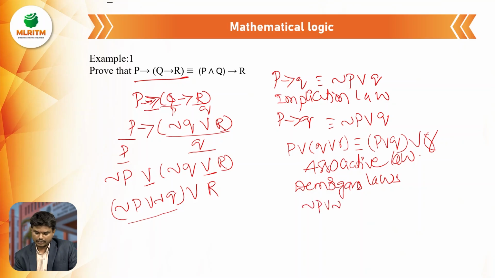Negation P or negation Q is equivalent to negation of (P and Q). So here we apply De Morgan's law.